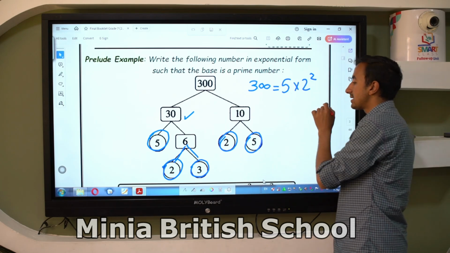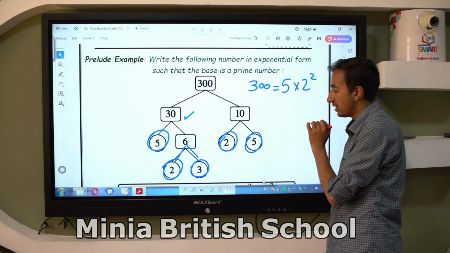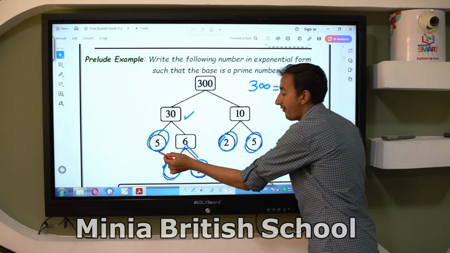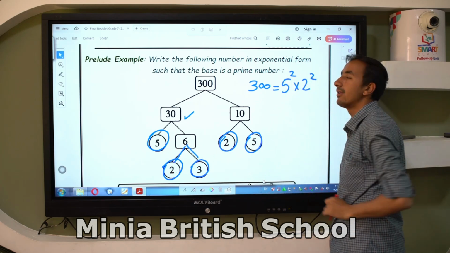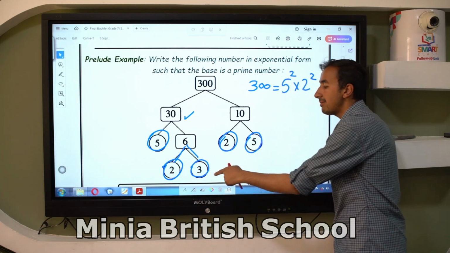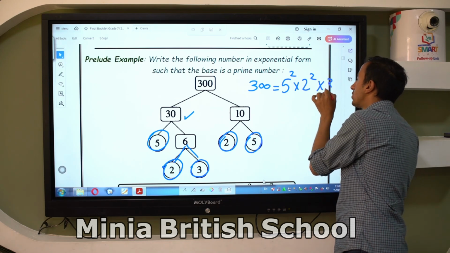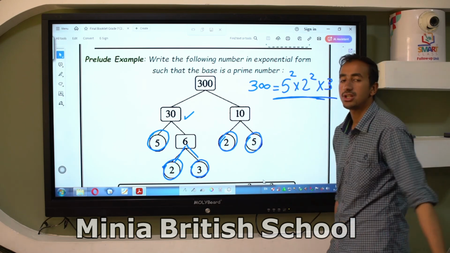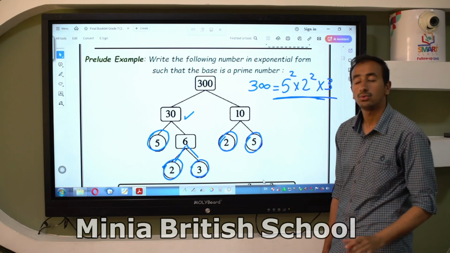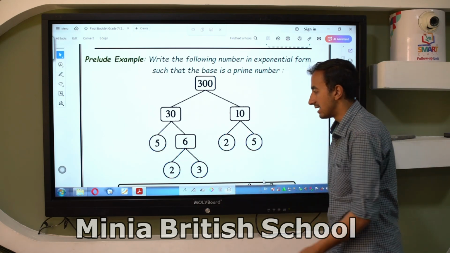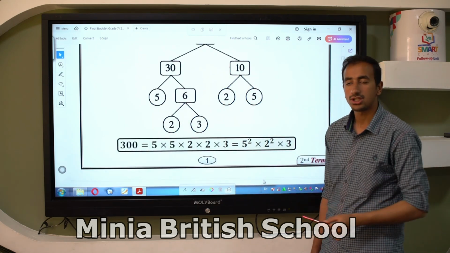So 300 equals 5 power 2 times 2 power 2 times 3. This is called exponential form.